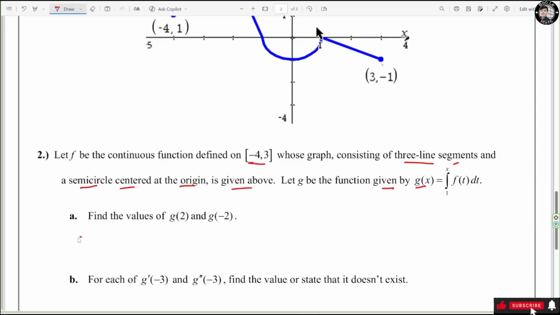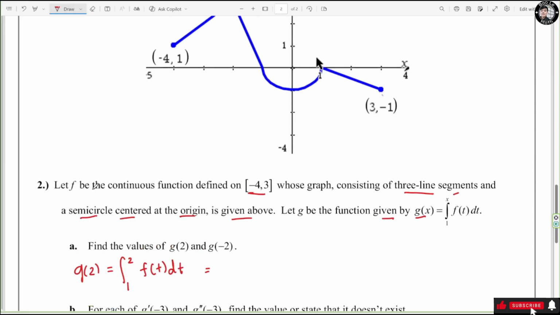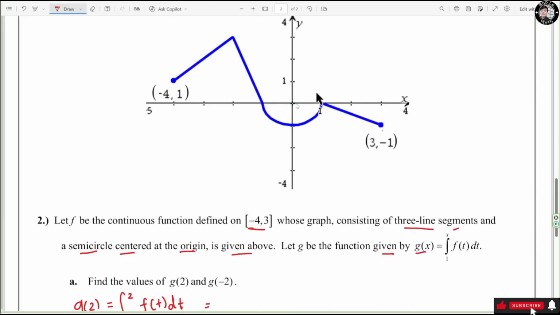So we have g of 2 equals the integral from 1 to 2 of f of t dt. Now the integral from 1 to 2, this one is 1, this one is 2. So the area should be this right triangle.